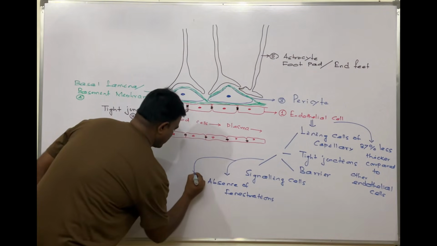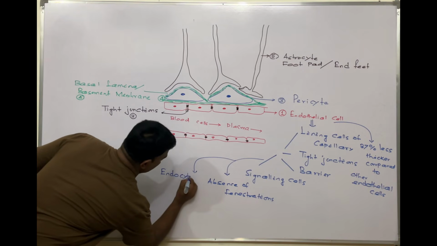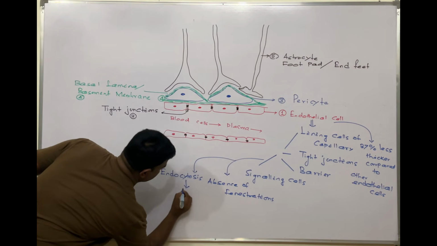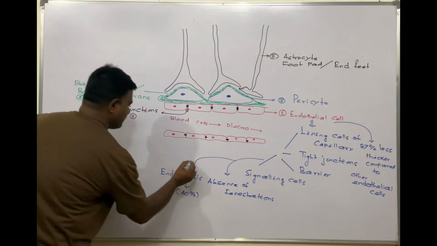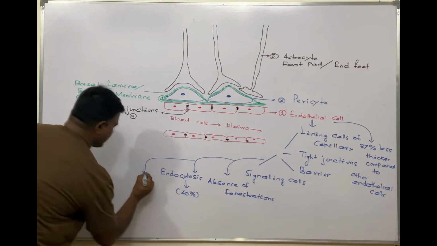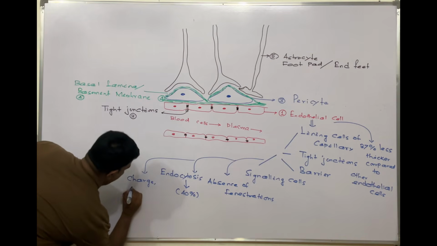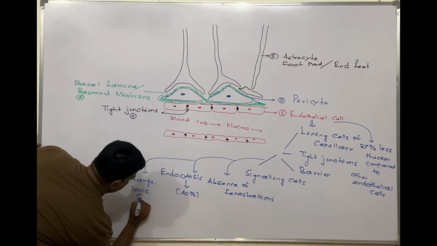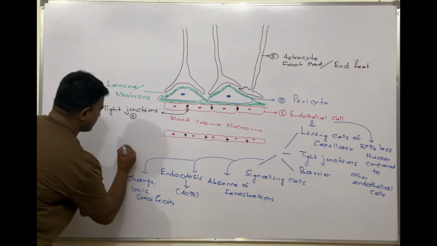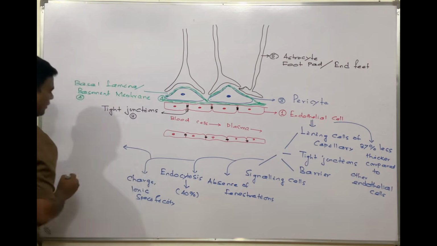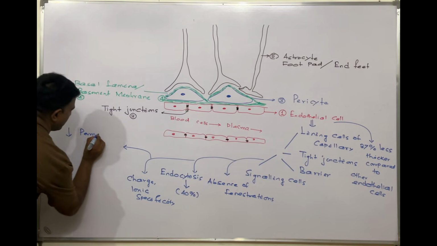Then another very important point: endocytosis is less, almost 40% compared to other blood vessels. These are the cells which show charge and ionic specificity, and show altered or decreased permeability.